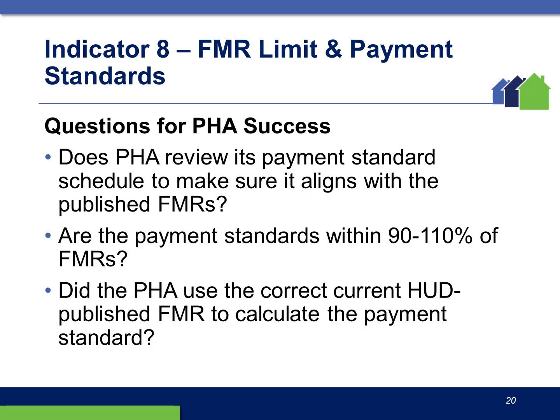The questions for success on Indicator 8 include: does the PHA review its payment standard schedule to make sure it aligns with the published FMRs? Are the payment standards within 90 to 110% of FMRs? Did the PHA use the correct current HUD-published FMR to calculate the payment standard?